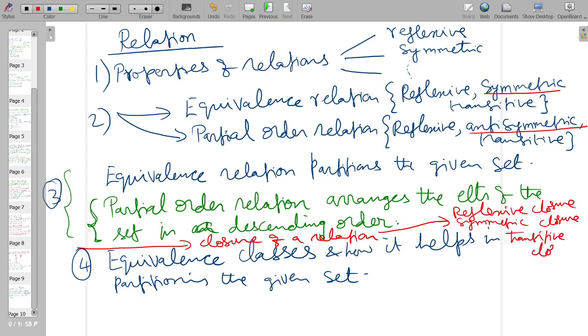We discussed these three types of closures, and in determining the transitive closure we had discussed an algorithm called Warshall's algorithm, which helps you to find the transitive closure of a given relation. And then after that we defined what is an equivalence class, and we have also proved how these equivalence classes form a partition of the given set.